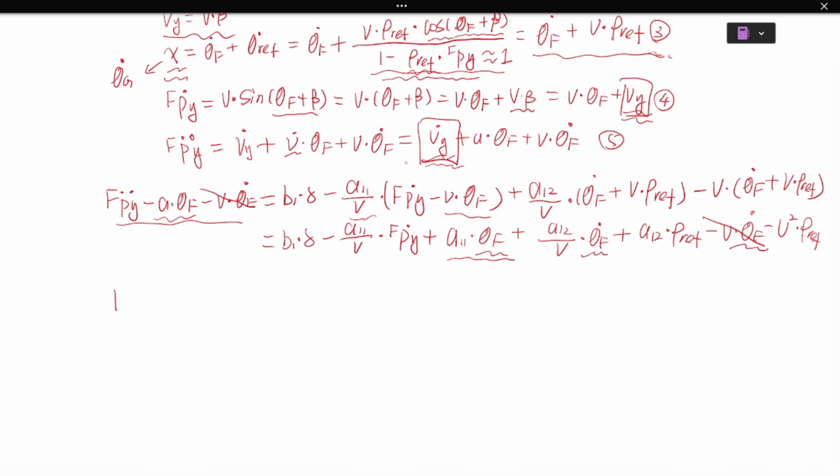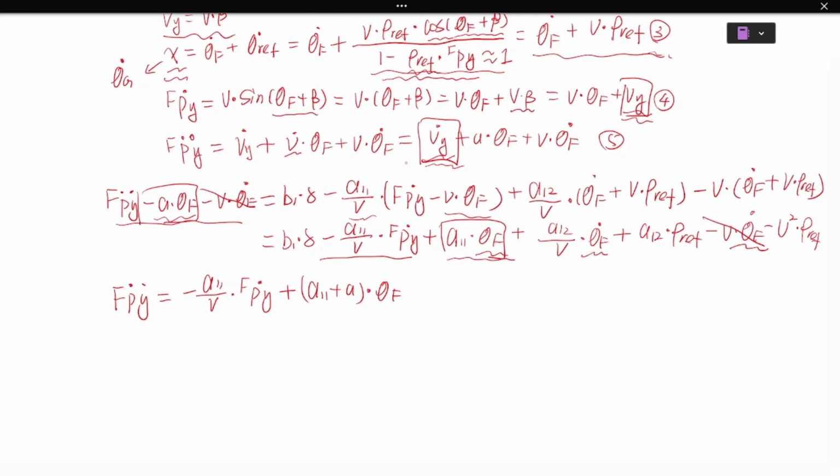So fpy double dot equals minus this term, a11 over v times fpy dot, plus next this term and this term, grouped together, a11 plus a times theta f.